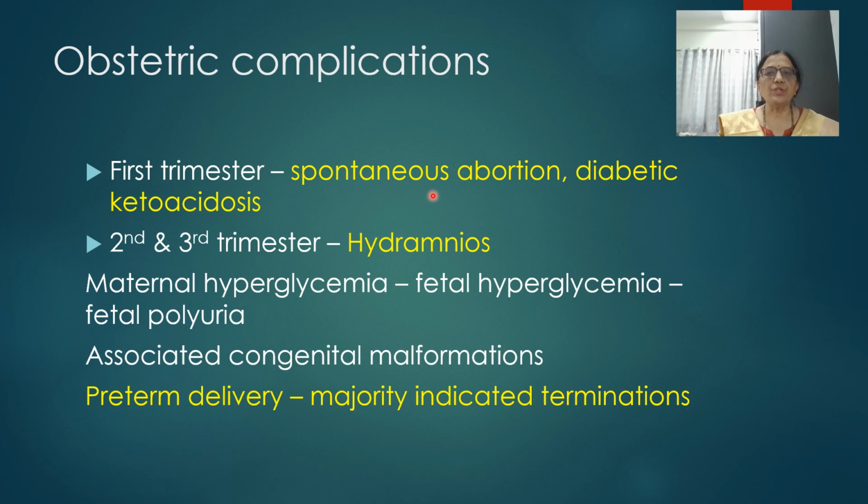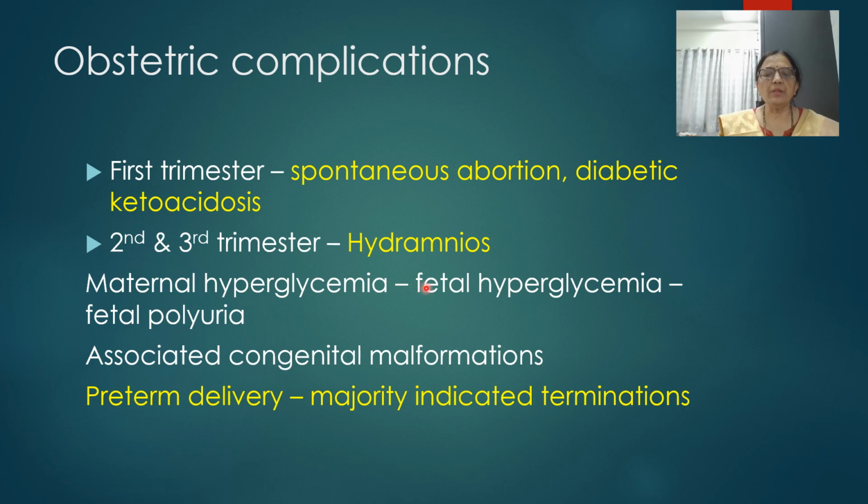First trimester complication is spontaneous abortion, and diabetic ketoacidosis is more commonly encountered in the first trimester with vomiting and sometimes hyperemesis also. In the second and third trimester, hydramnios is more common. Why is there hydramnios?